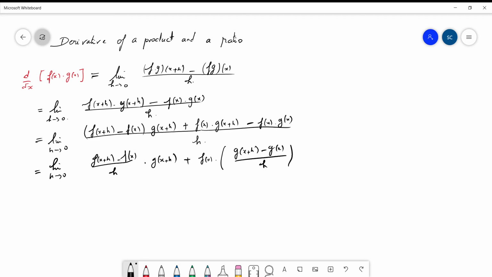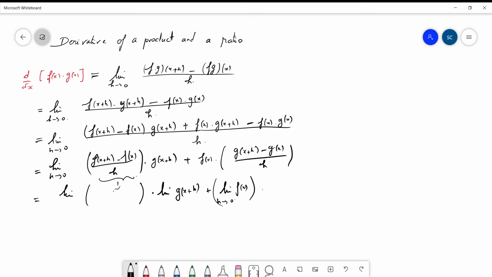Because the derivatives of f and g exist, the limit exists, because a differentiable function, we saw, is a continuous function. So this will be the limit of this ratio times the limit of g(x+h), plus the limit of f(x) as h approaches 0.